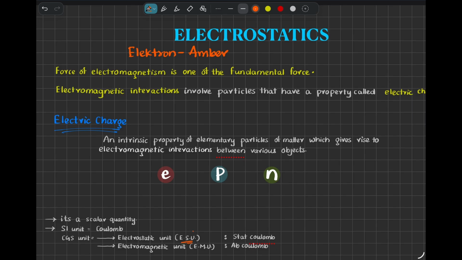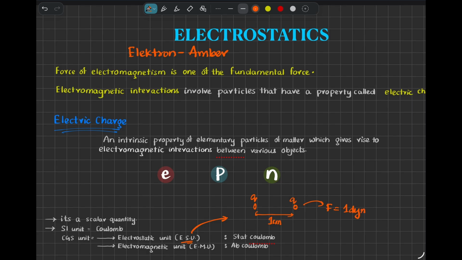Let's say I have two charges of equal magnitude, with charge amount q each. We keep them at a distance of 1 centimeter and the force of interaction between them is 1 dyne.